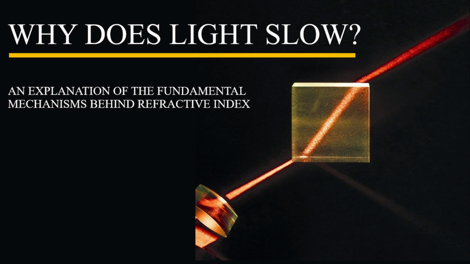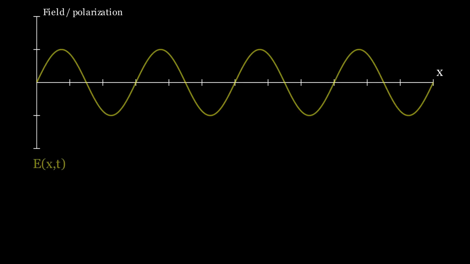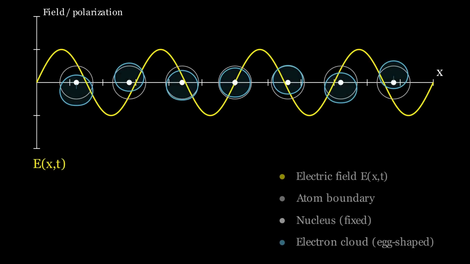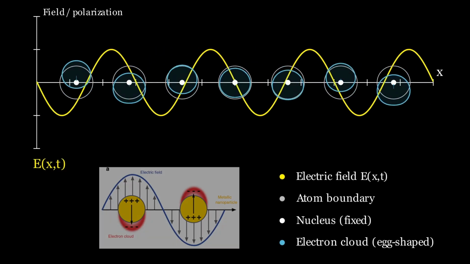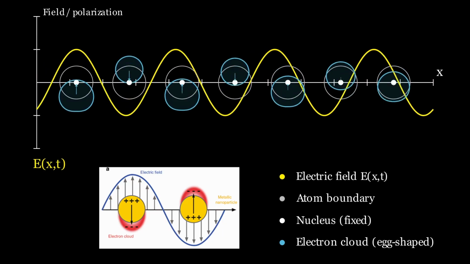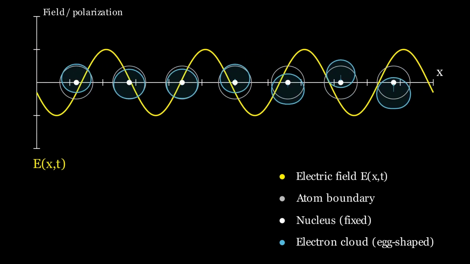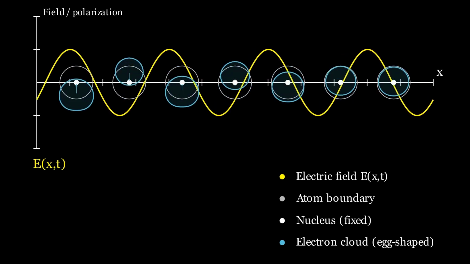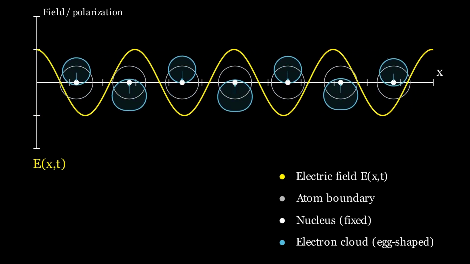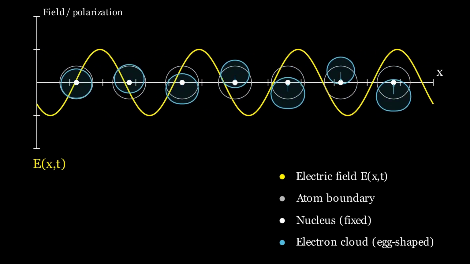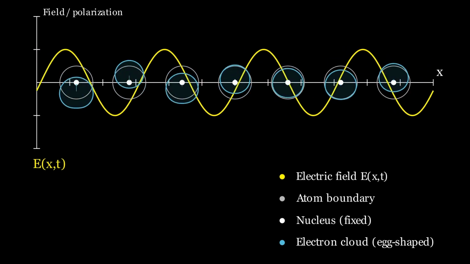To show what's really happening, let's start with this first animation. Here you can see the electric field of light moving from left to right. Watch the little dots. These represent electrons bound to atoms, like a material in glass. As the electric field oscillates, it tugs those electrons back and forth, shifting the whole electron cloud relative to the nucleus.